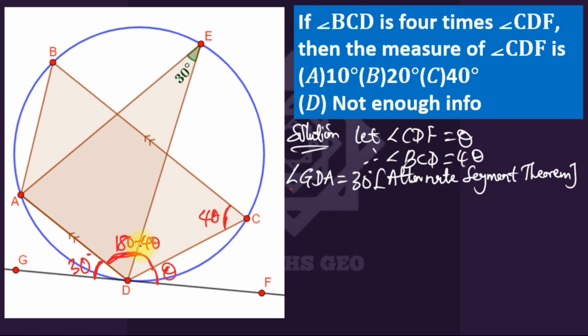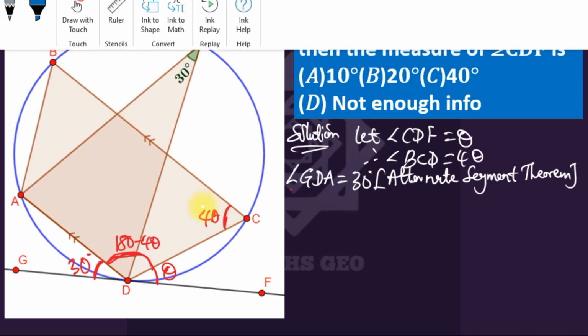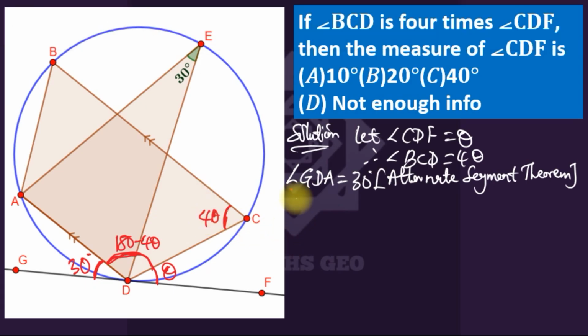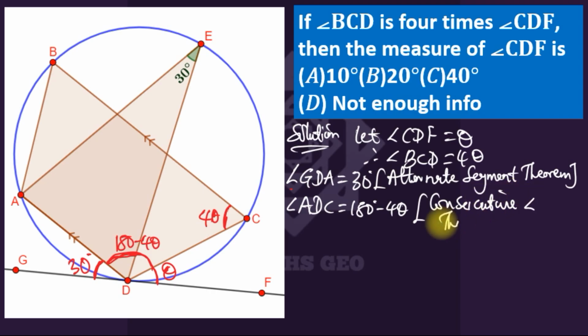If you add this and this, it gives us 180 based on consecutive or allied angle theorem. So angle ADC is 180 minus 4 theta based on consecutive angle theorem.